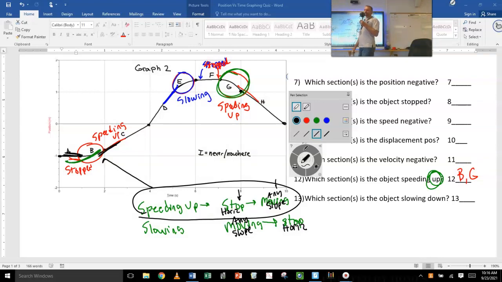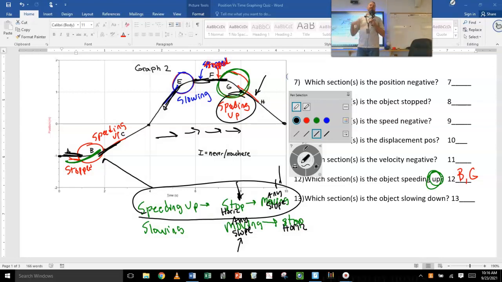So this is speeding up. Here I have one where I'm starting out with a slope, and then I end up with the horizontal line. That's slowing down. And here I start, and I remember I'm always reading from the left to the right. Horizontal line, slope. So that's speeding up.